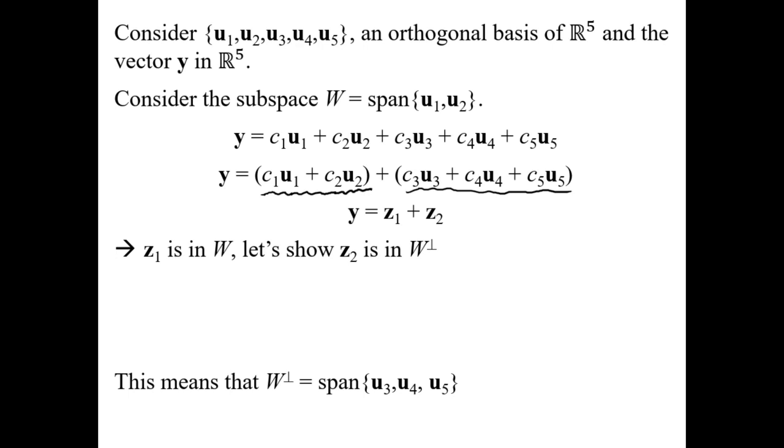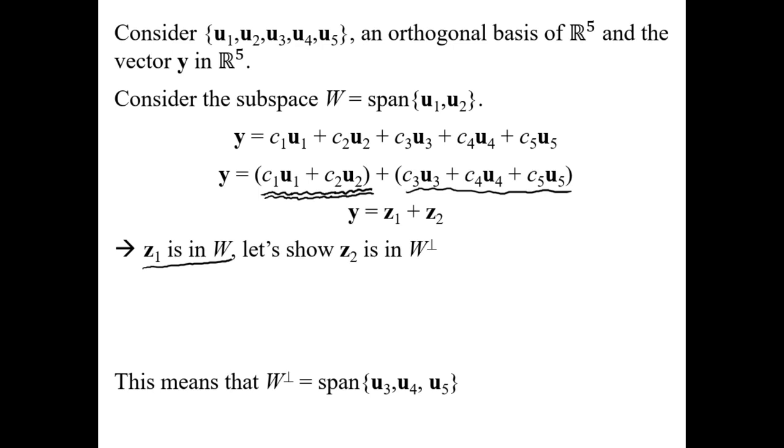Now certainly Z1 is in W, and we can see that because W is the span of U1 and U2. In other words, W is all vectors that are a linear combination of U1 and U2. So Z1 is that linear combination, so Z1 is in W. What we want to show is that Z2 is in the subspace that's orthogonal to W, or W perpendicular, that we defined last class.